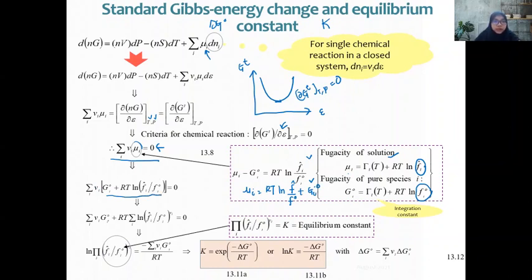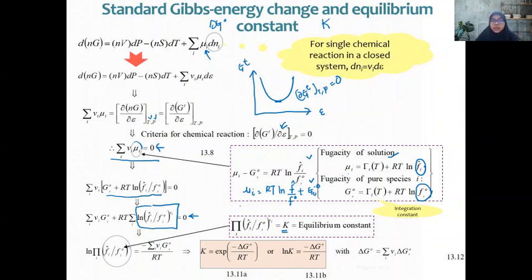This expression can also be rewritten based on the species. Since it involves the fugacity, we can have another correlation that explains the definition of the equilibrium constant.